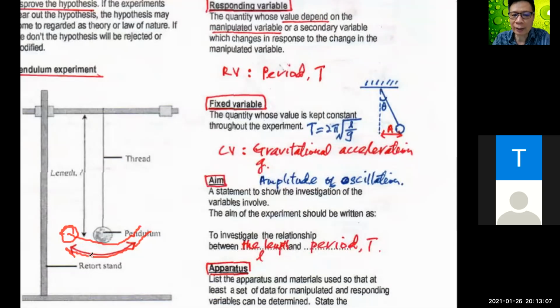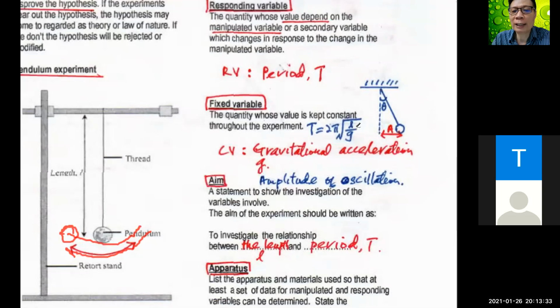Mass does not affect the period, because when you go to a higher level, you learn more, right? The formula for the period of oscillation T for this system is 2 pi, pi, you know what that is, square root of length over gravity.